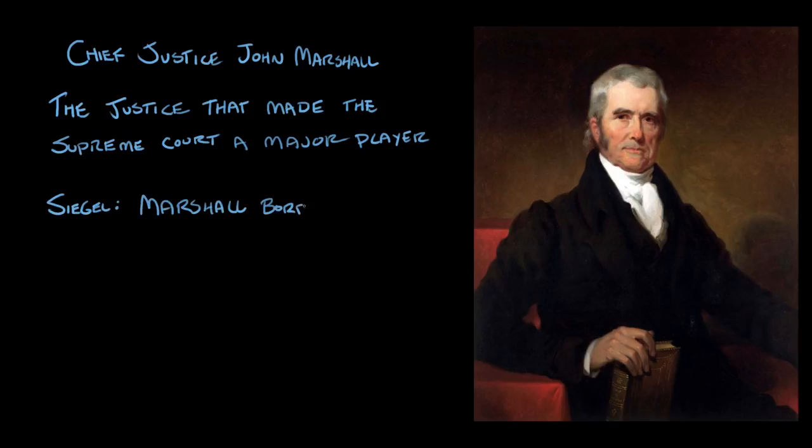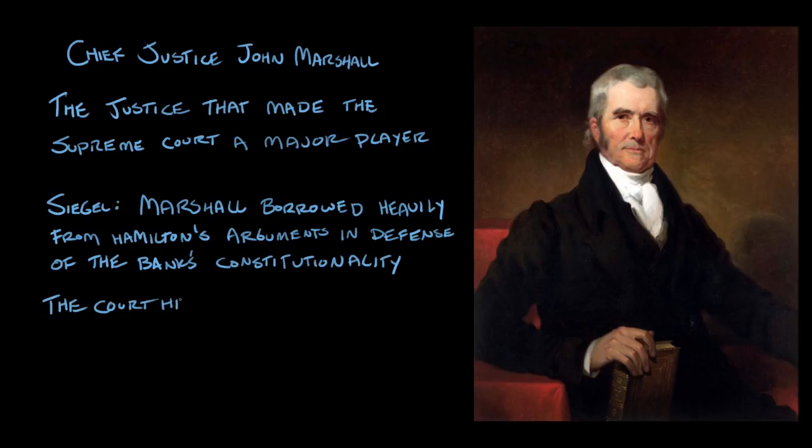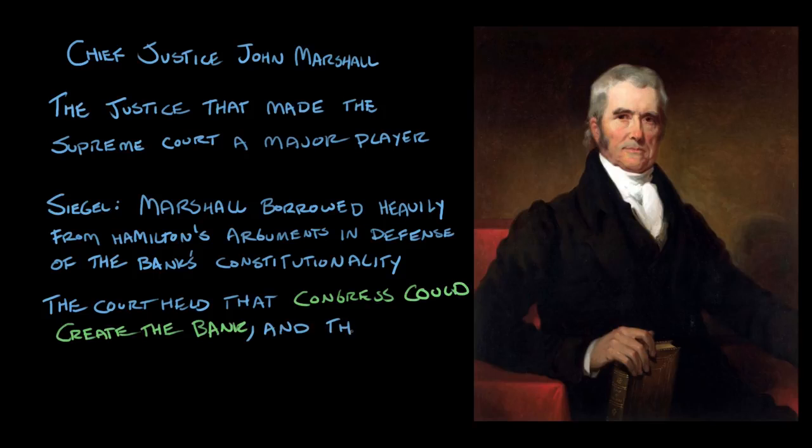And so Marshall adopted Hamilton's arguments in defense of the constitutionality of the bank that Hamilton originally articulated back in 1790, 1791. And so the court held, in an opinion by the great Chief Justice, first that Congress does possess the authority to create the bank, and secondly, that states have no authority to tax the bank.